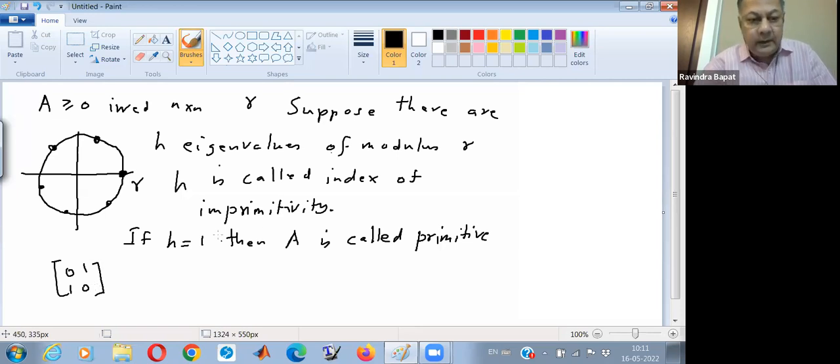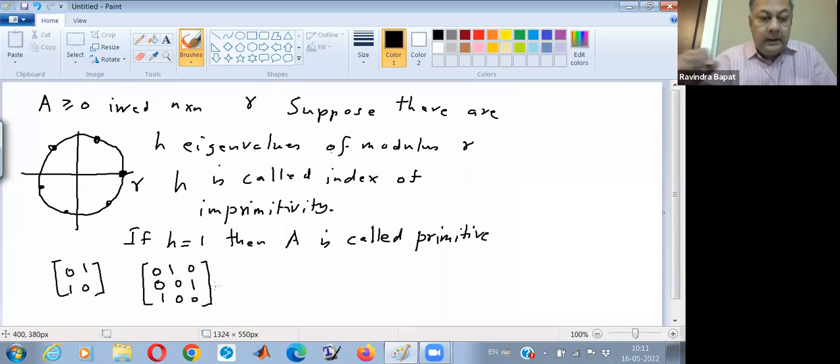And similarly, if you take the full cycle matrix of order 3, this is irreducible because the graph is a full cycle. There's no question about strongly connected. You can go from any vertex to any other vertex.